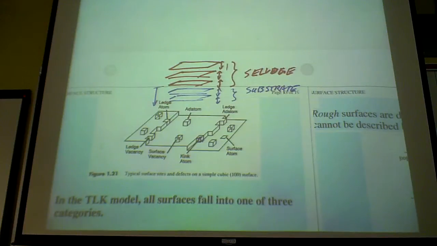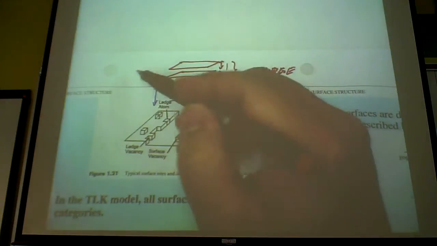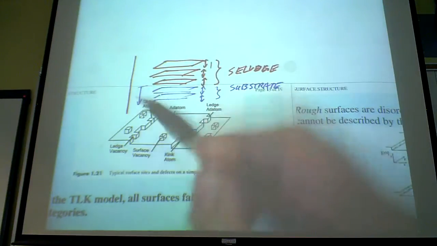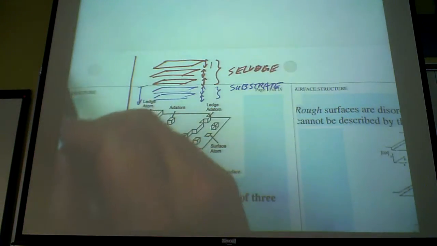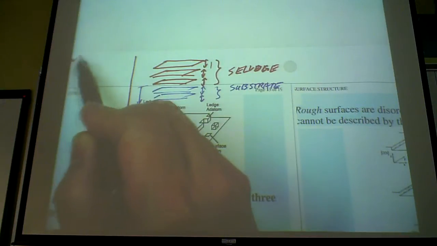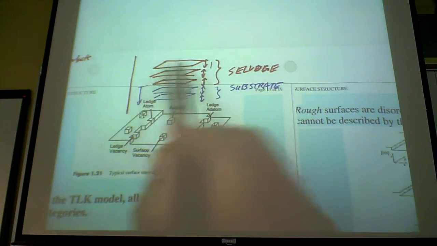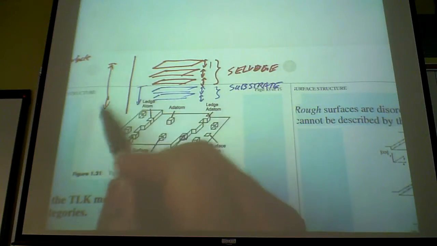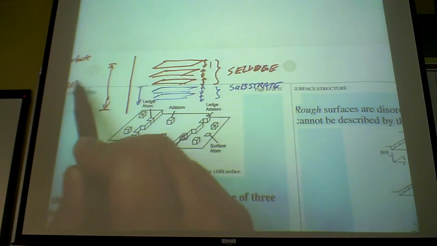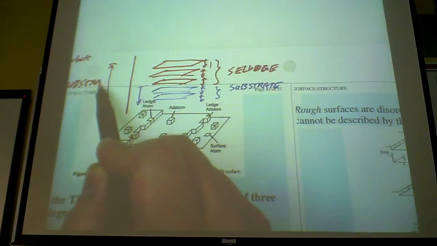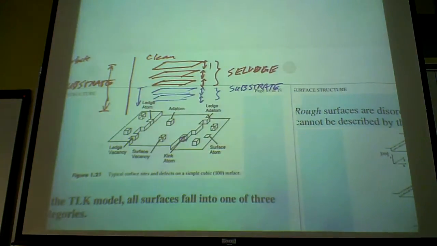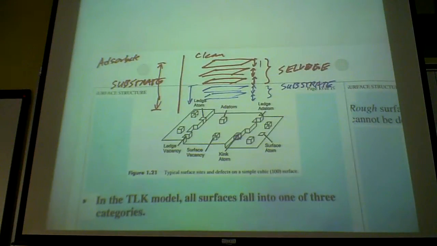So this is for clean surface, and if you have an adsorbate on top of this selvedge, then everything from the selvedge and down is called the substrate.